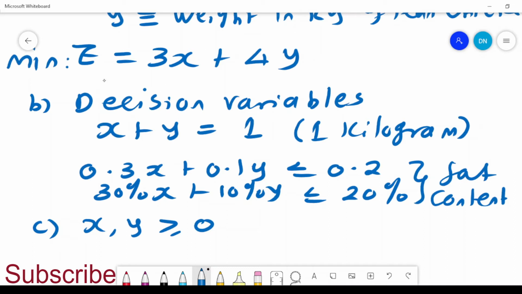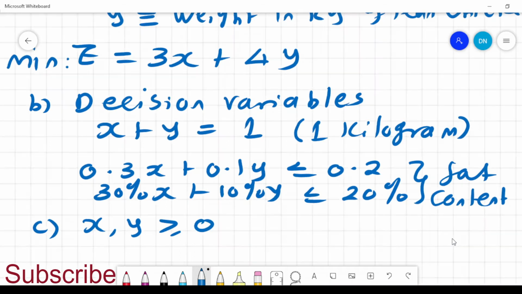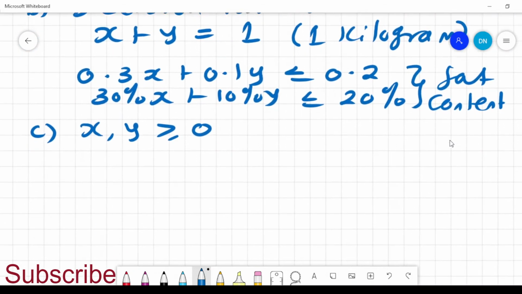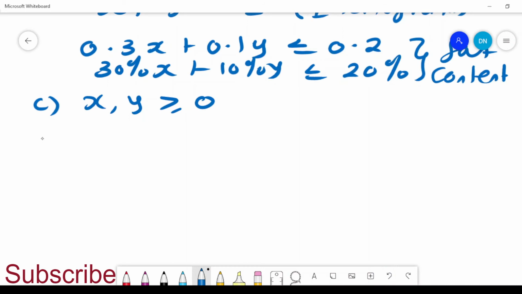So the first one is we want to minimize z equals 3x plus 4y. Then on the decision variables, the quantity we take from beef plus the quantity we take from chicken should be equal to 1, because we are selling per kilogram. And then the fat content should not be high. So what we want to do next is write down our mathematical program.